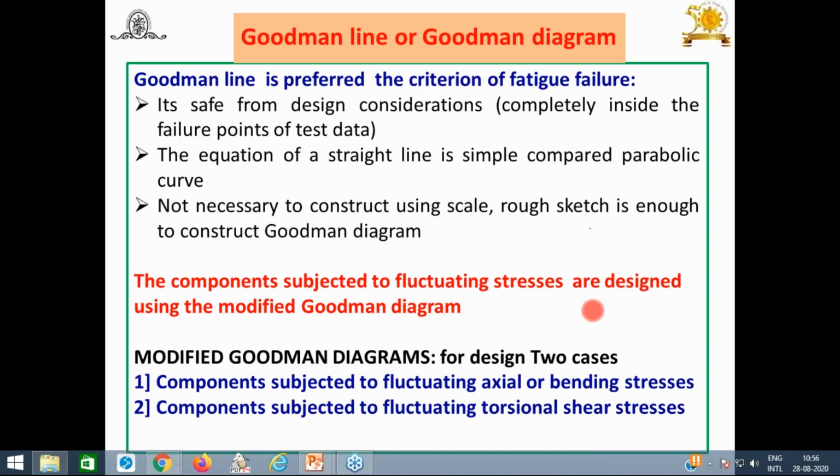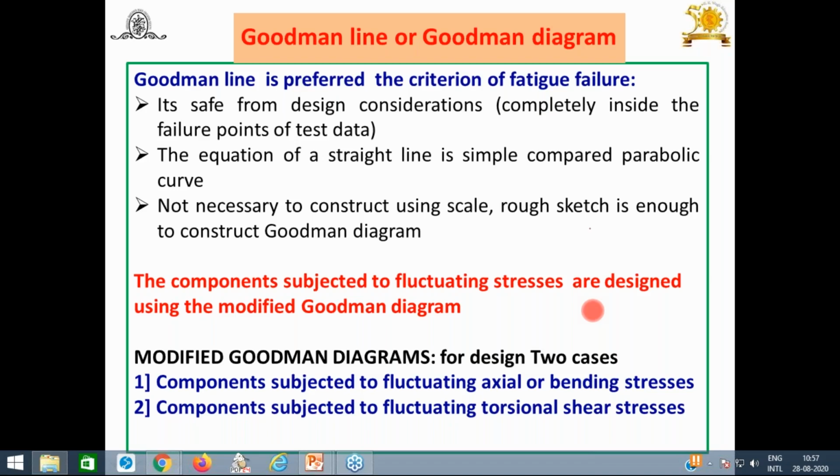Again here, maybe for finite life, maybe for infinite life. If the finite and infinite terms come in fluctuating loading or this case of the modified Goodman diagram, again here for infinite life, the endurance limit, whatever the criterion in reverse loading, remains the same in fluctuating also. And for a finite life, again we have to use the S-N curve to get the number of cycles that the component can withstand when subjected to fluctuating load by using the modified Goodman diagram also.